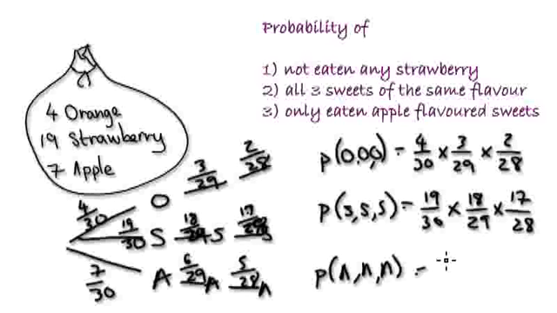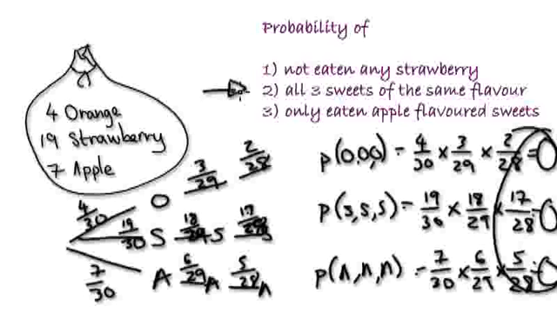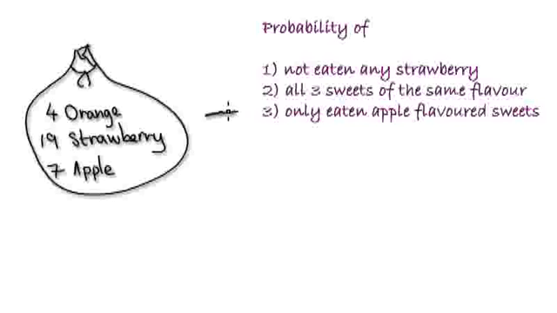So it would be 7 over 30 times 6 out of 29 times 5 out of 28. Then jump to a calculator, work out what each of these is, and add all three together. That will give you the answer to question 2, and then question 3.